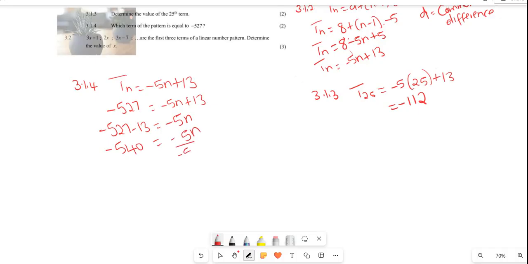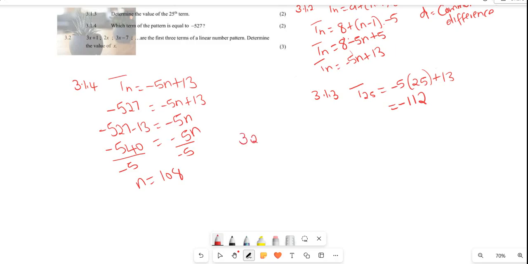I'll divide by minus 5 on both sides. Therefore, my n is going to give me 108. The answer is 108. Okay, guys, let's proceed to the next question.